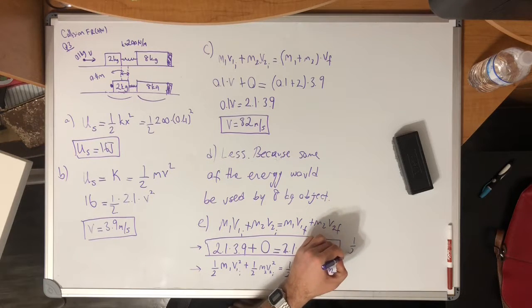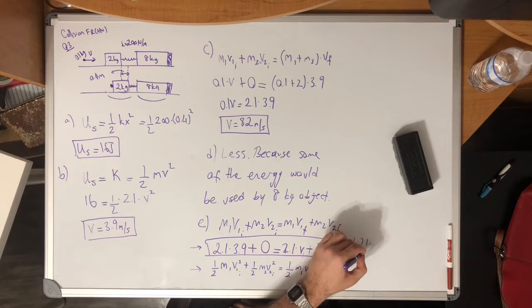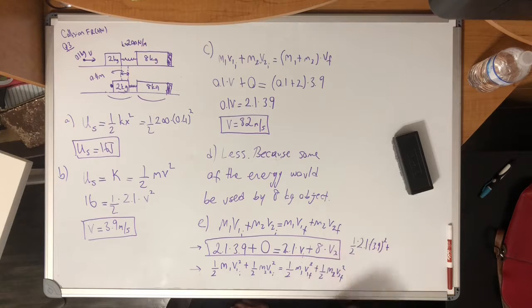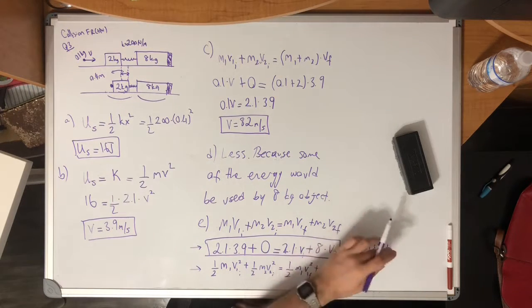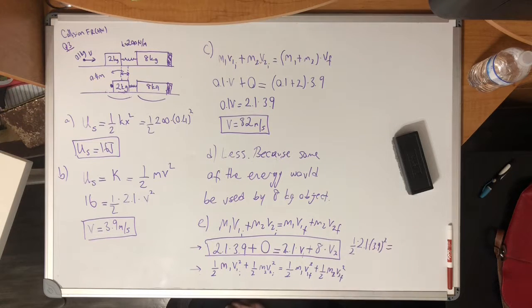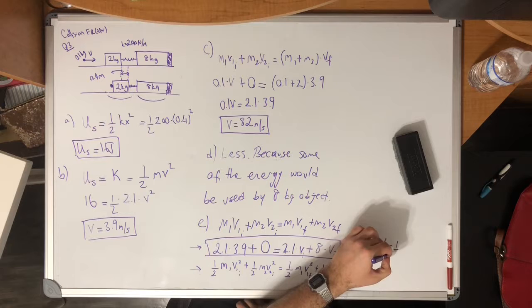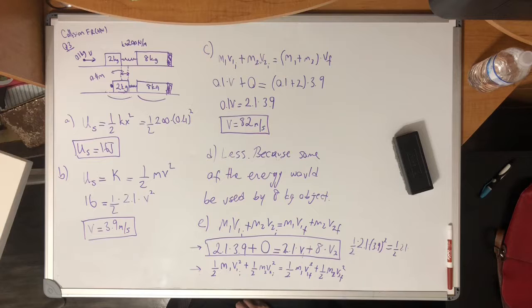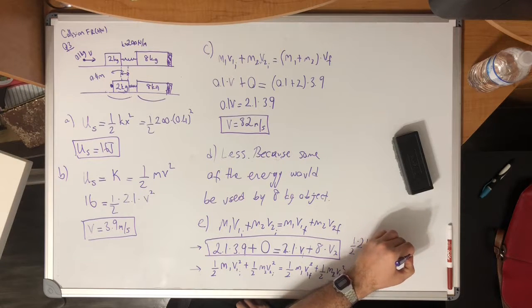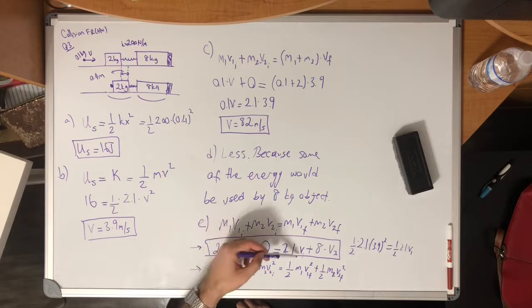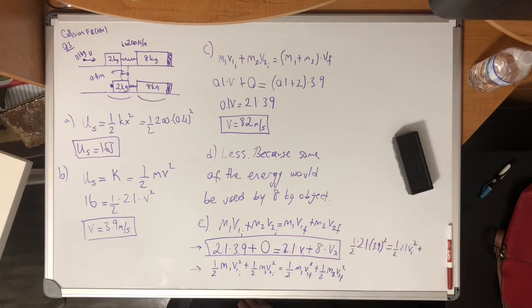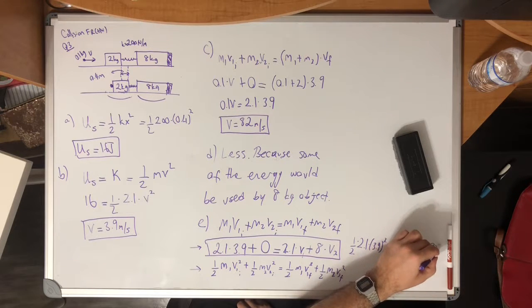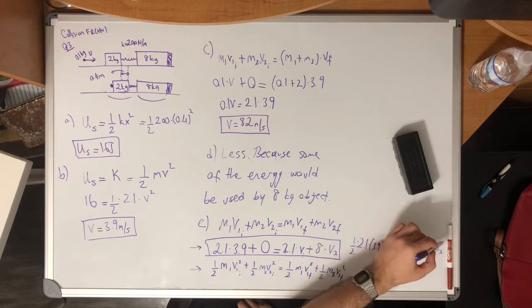So that is 1/2 times 2.1 times 3.9 squared plus this guy is at rest initially, so plus 0, so I'm not going to write it down, and that's equal to 1/2 M1, which is 2.1, times V1 final, which we can call V1 because we don't know it, plus 1/2 times 8 times V2 squared.